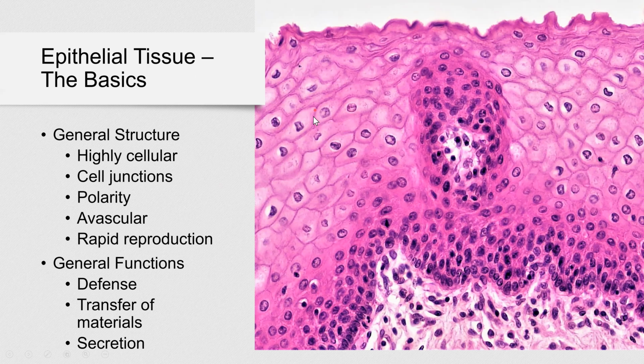So you can see cells are touching each other. So we have many cells, and cells form cell junctions. There is a polarity. That means on a tissue and on a cell as well, we will have basal layer and apical layer.